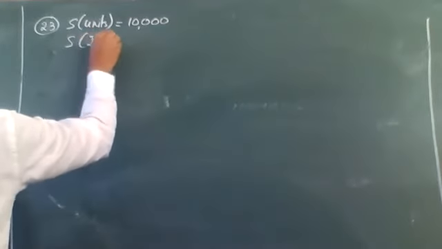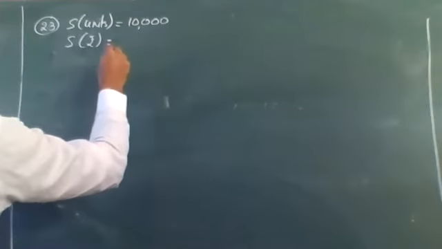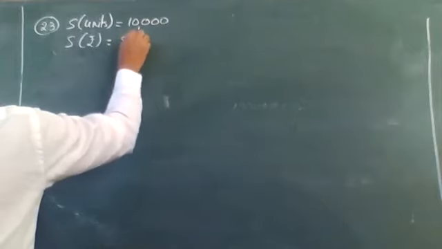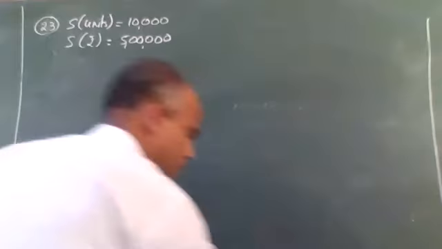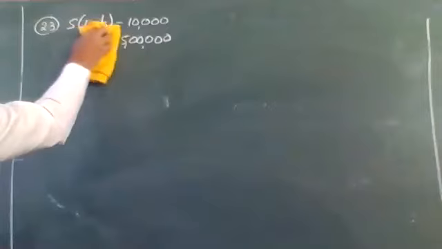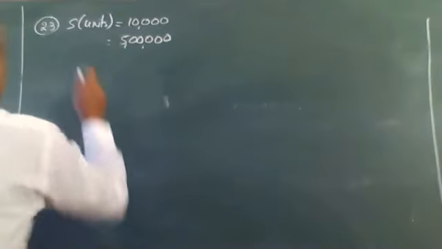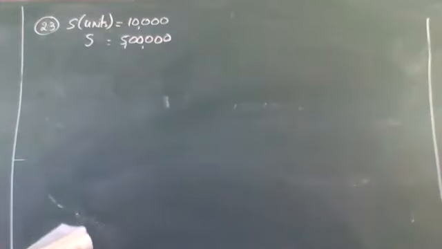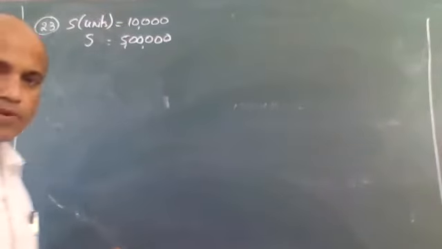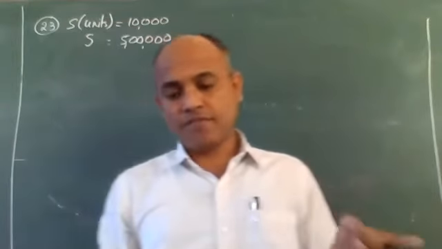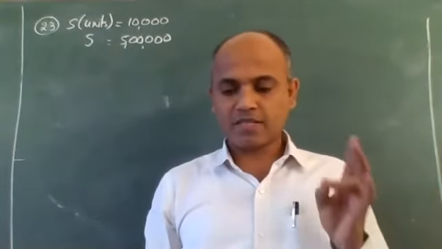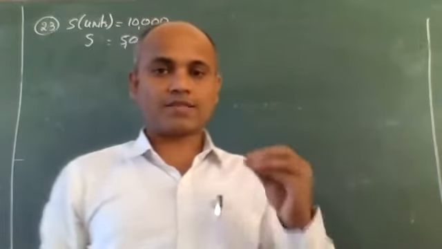I never wrote sales as rupees. When I say capital S, it is always sales in terms of rupees. So it is 5 lakhs. So I'll just write S because that is used. Capital S, for me it is rupees. Cost is given as material 1 lakh, labor 50,000, direct expenses 10,000, which makes a total of 1,60,000.